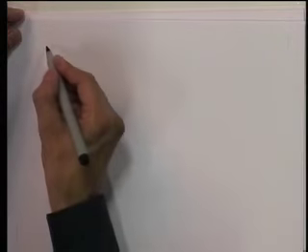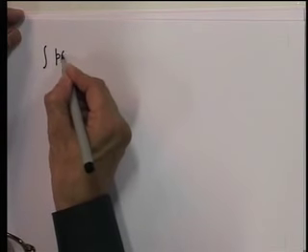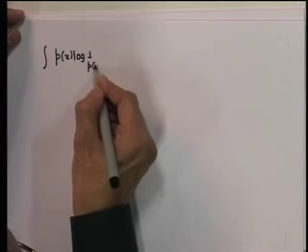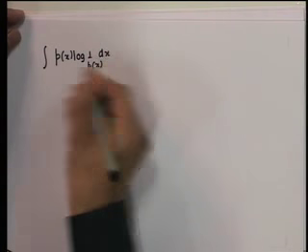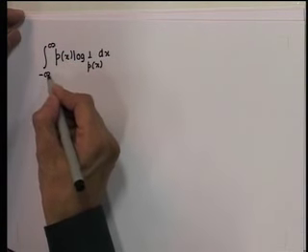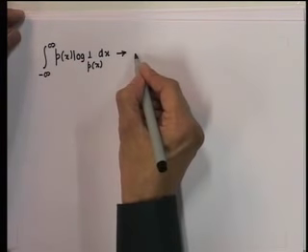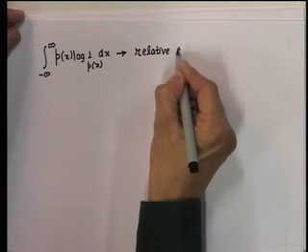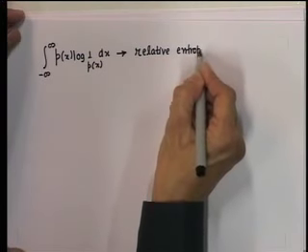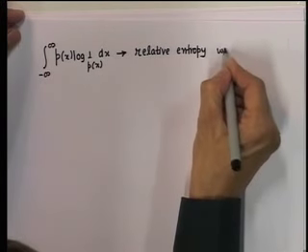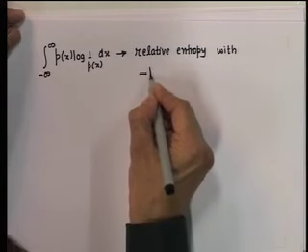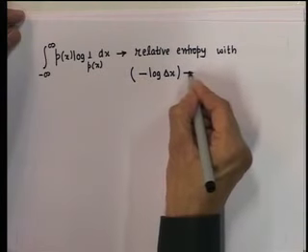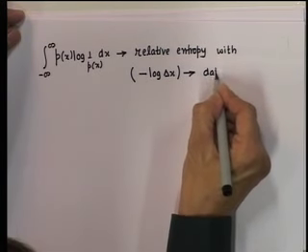We can consider integral p x log 1 by p x as a relative entropy, with minus log delta x serving as a datum or a reference.